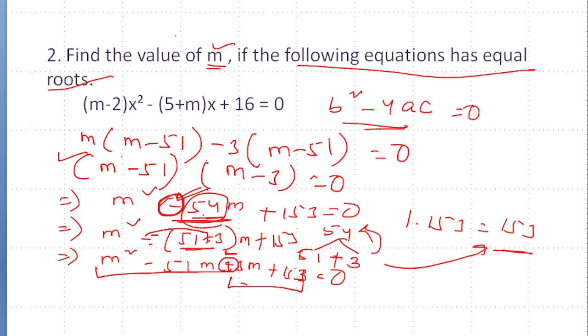So when the product of two numbers is 0, either m minus 51 equals to 0 or m minus 3 equals to 0.